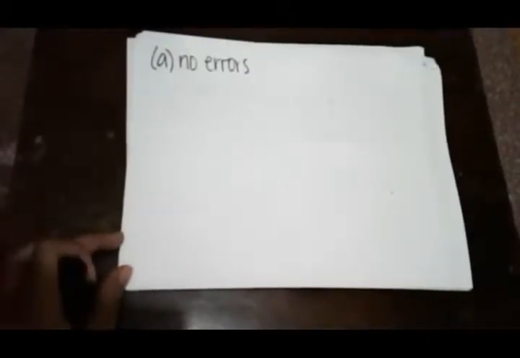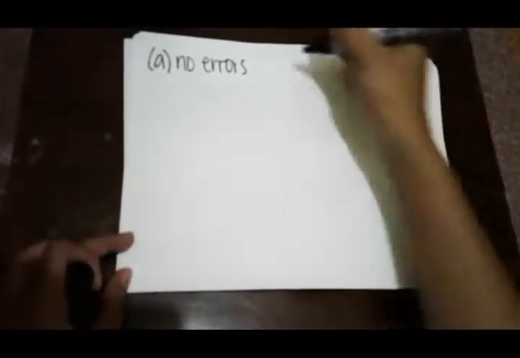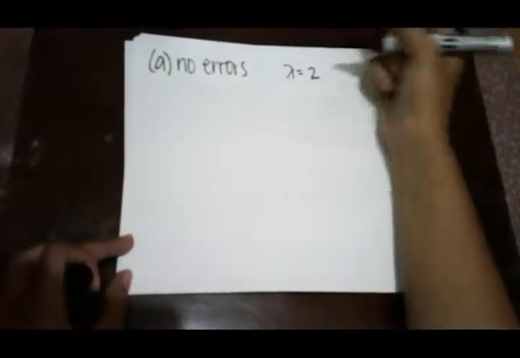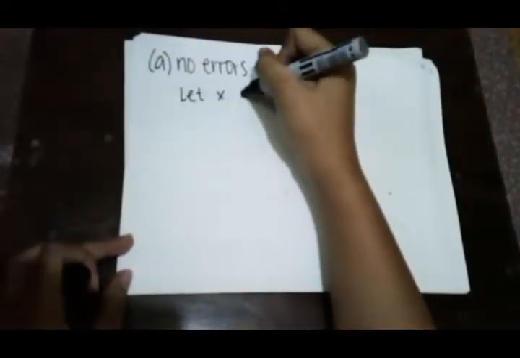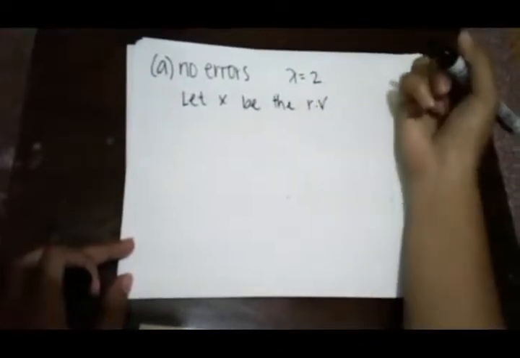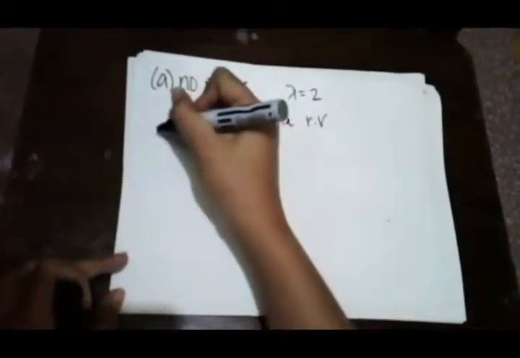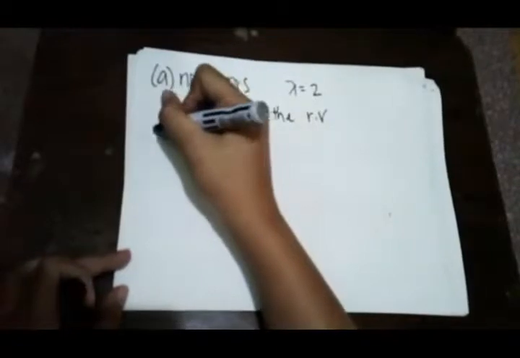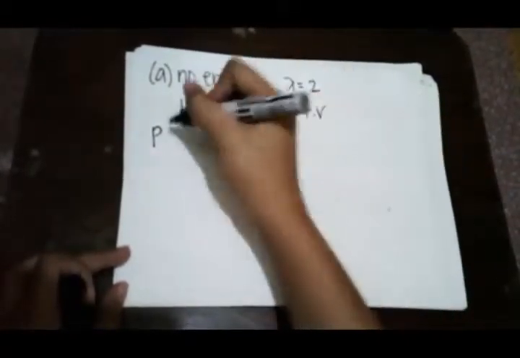A, making no errors. So if lambda is equal to 2, then first let us let x be the random variable. Then let us use the formula. Let us get the probability of making no errors.